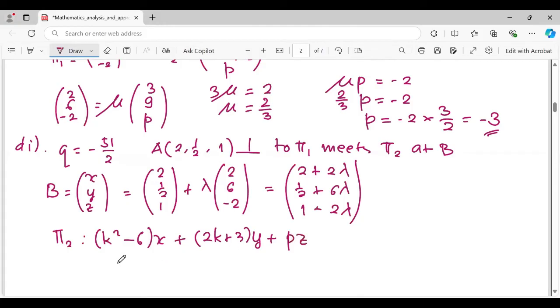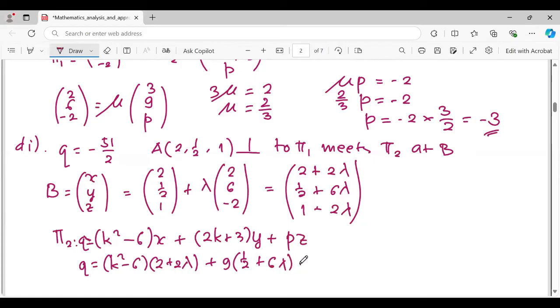So it becomes, this is Q. Q equals k squared minus 6 times 2 plus 2 lambda, 9 times half plus 6 lambda.